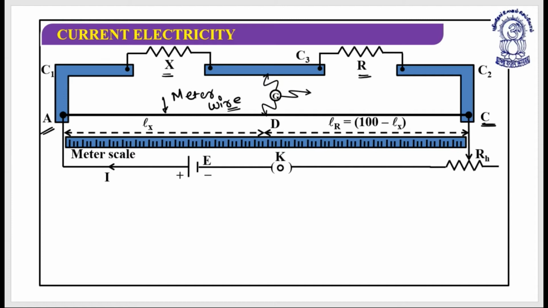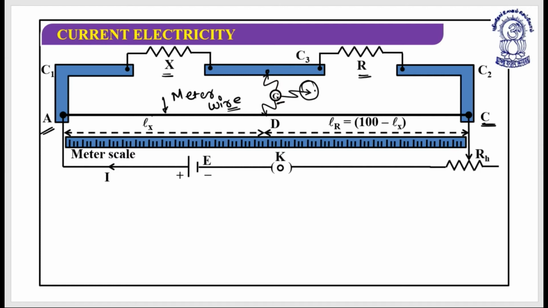What I'm supposed to do is, I have connected one jockey over here. The task of the jockey is to change the location. If this jockey has been connected over one of the points, that means it has divided the total resistance of the wire into two segments.